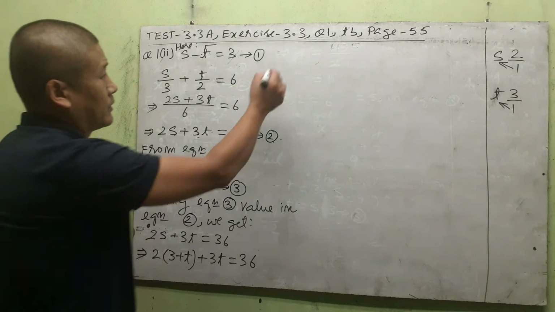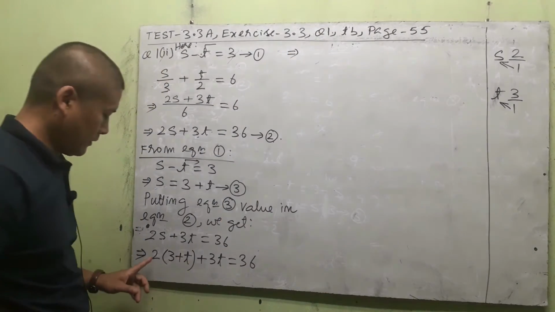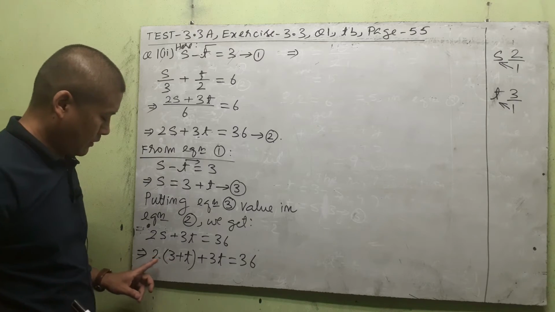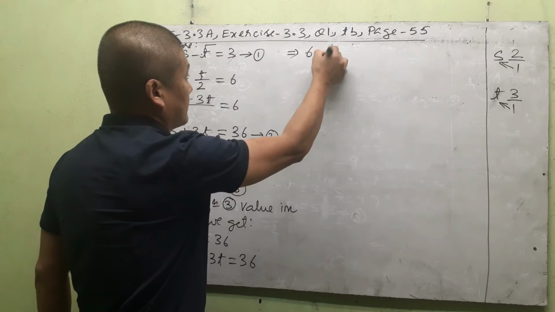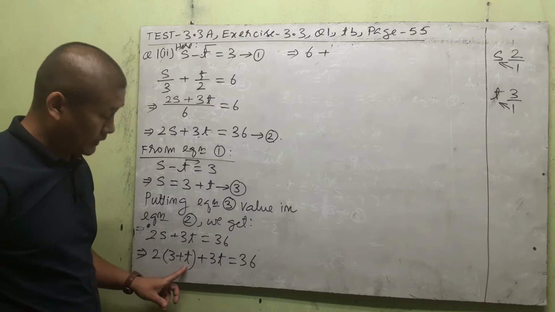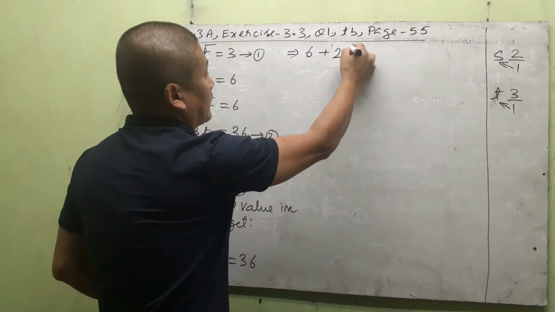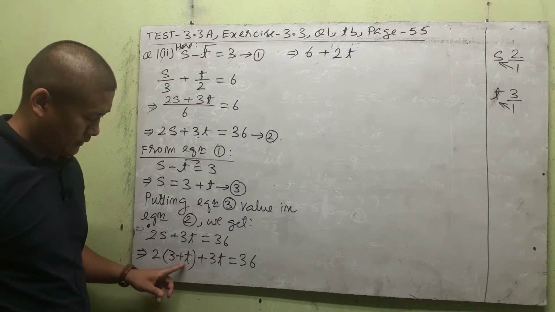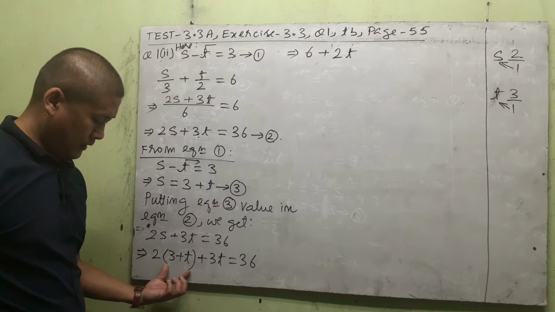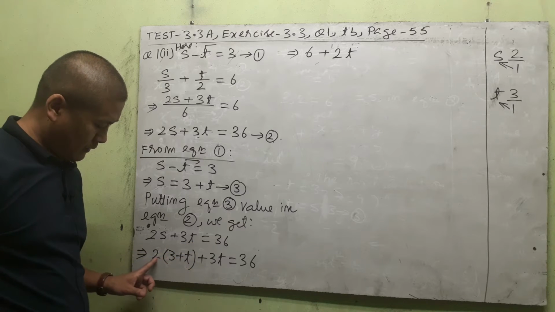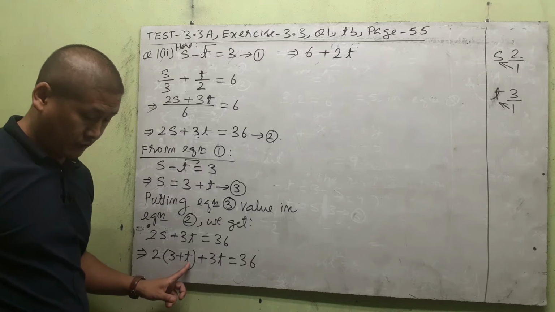Next, multiply the outside and inside. Plus into plus, plus; 2 3s are 6, plus into plus, plus; 2 into t, 2t. When you multiply the outside sign and number to the inside, the bracket will get removed. The bracket starts from here and ends here, so this number will multiply only up to here and stop.